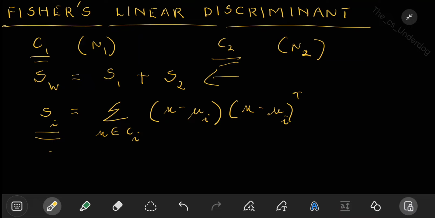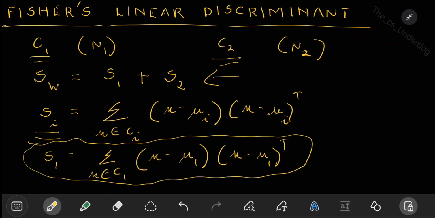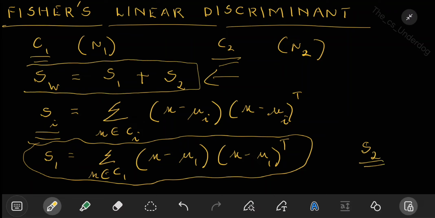That is, for class 1, S1 is equal to sigma x element of C1, x minus mu 1 into x minus mu 1 the whole transpose. This is how you find the within class scatter for class 1. In the same manner, you will find within class scatter for class 2, and that will give your total within class scatter SW, S1 plus S2.